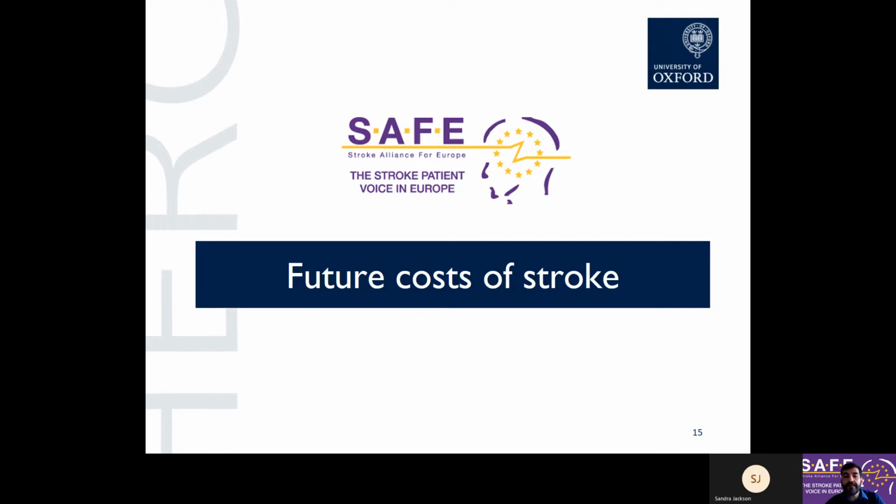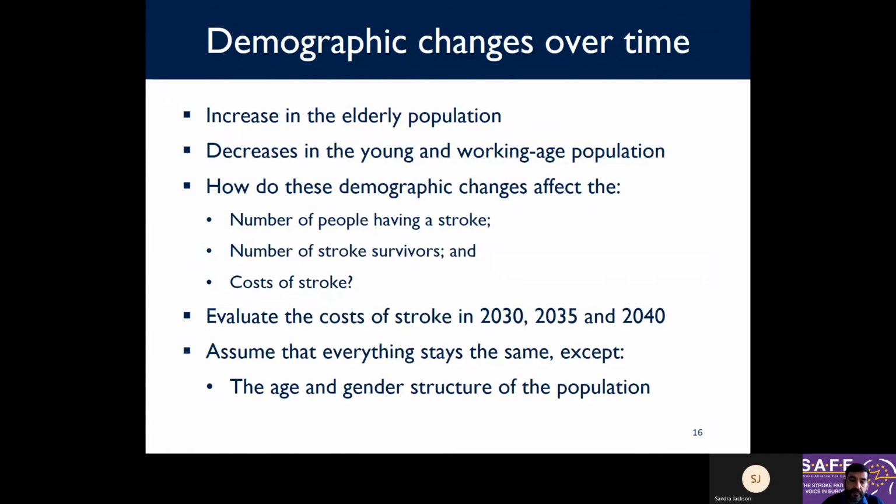So it is all very good and well to know the cost of stroke now, but policymakers have to plan resources years and years in advance. So we also need to know what the future costs of stroke are. Although it is very difficult to project into the future, nobody would really deny that there are important demographic changes taking place over time in Europe.